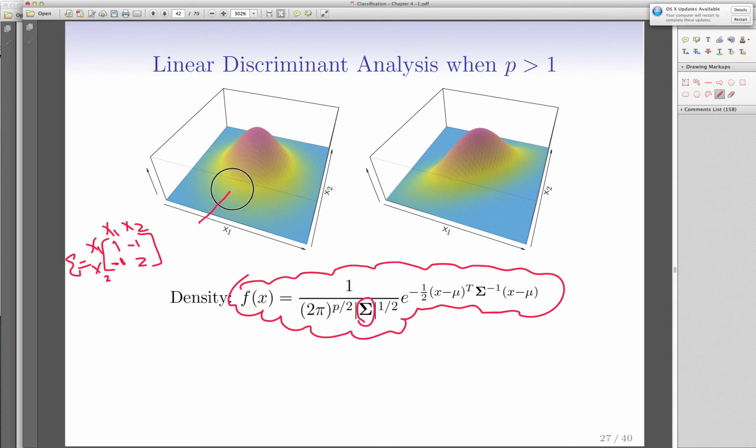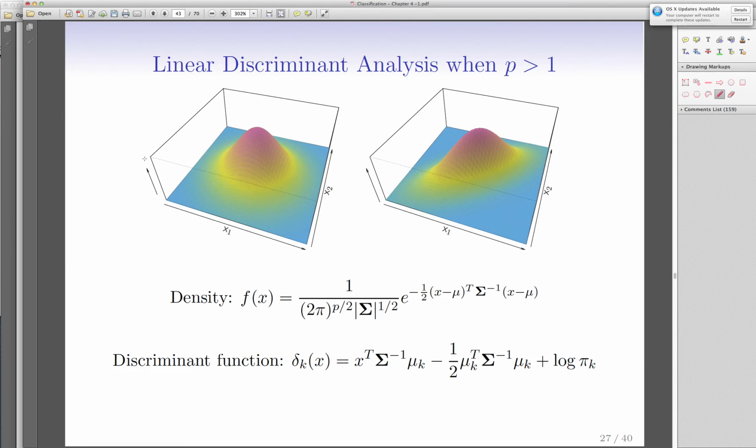If we just cut this function by this plane, what we get is just the simple normal distribution that we know. So the x1 and x2 here are independent, and that is why we get this beautiful normal-shaped curve. Here there is covariance between x1 and x2. That is why it has a different shape.